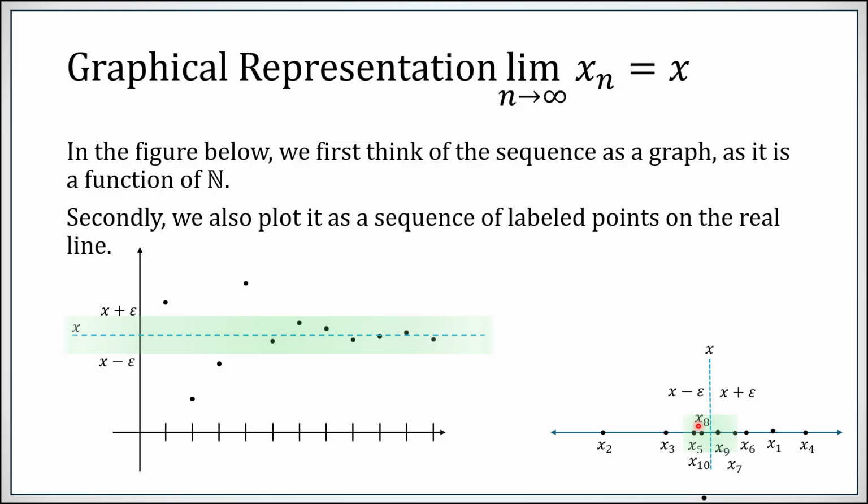And with this relatively small value of epsilon, it looks like as long as we exclude index 1, 2, 3, 4, 6, so sure, exclude 5 as well, but past index 6, 7, 8, 9, 10, they all seem to be trapped here. Okay, as long as no matter how tightly you allow an error to exist, but this error epsilon does have to be positive, no matter how small you make it, eventually all terms of the sequence are as close as desired. But again, I do want to stress the formal definition does tell us how we're going to construct proofs, so don't skimp on that one.